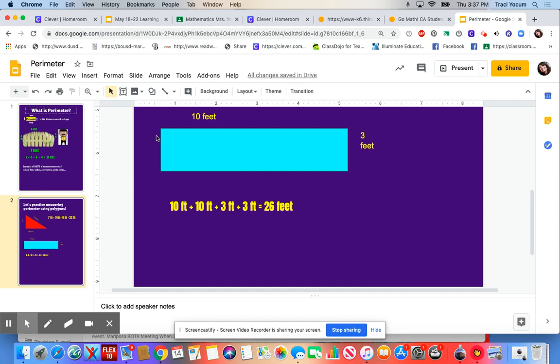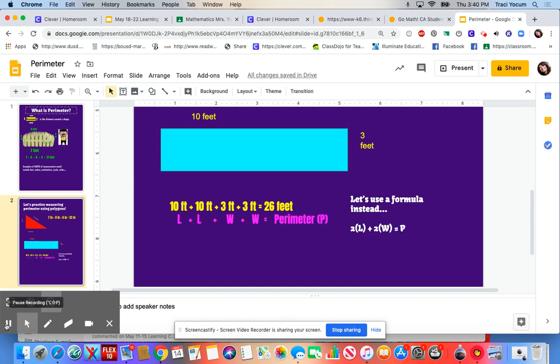That's why with this four-sided polygon, when I measure the perimeter, I am going to be measuring four sides, 10 plus 10 plus 3 plus 3, and altogether then it is 26 feet. And we cannot forget that unit of measure, because we need to know the difference between feet and other units of measure.